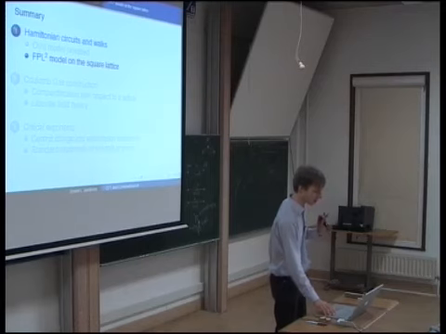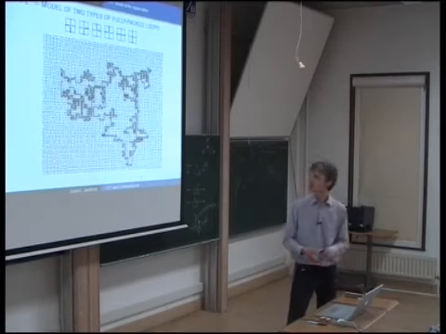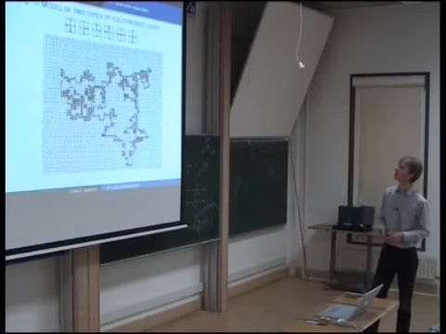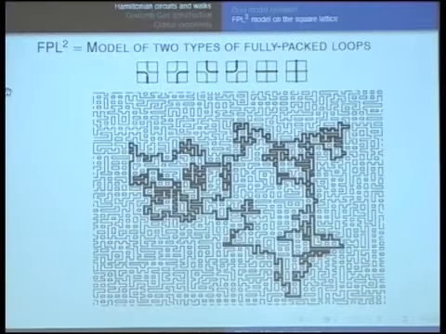Let me now discuss another model before going on. So the other model comes with a nice drawing here. I call that the FPL2 model. FPL means fully packed loops, and 2 means that there are 2 different types of loops. So that is a model on the square lattice. So there are black loops now and green loops.